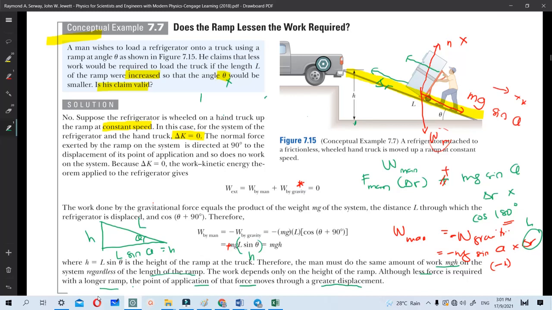Meaning, even though the force will be a little smaller, the amount of work is the same. However, less force is required with a longer ramp, only the distance traveled, delta R, would be larger. So to him, he feels like, oh, it's easy.